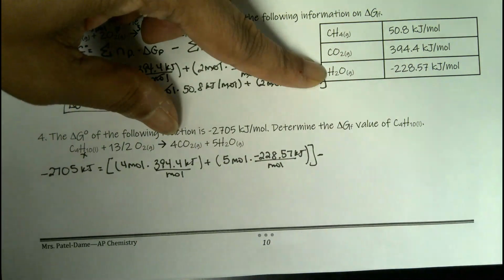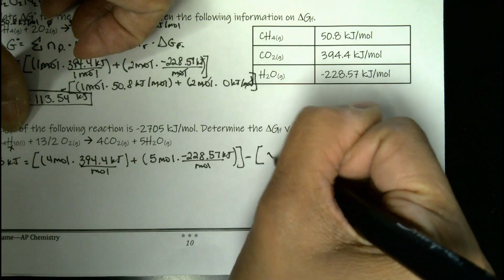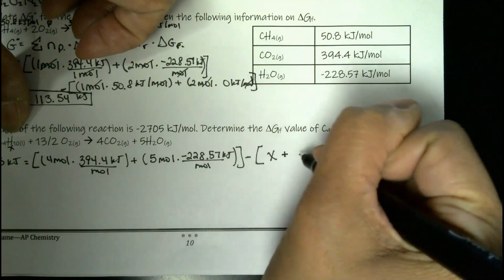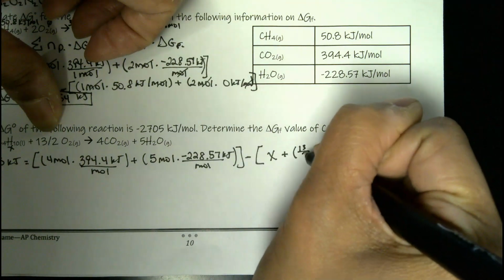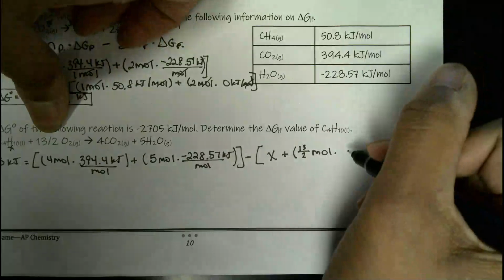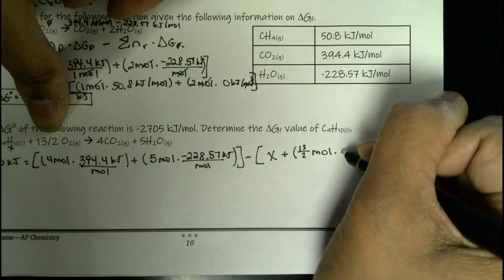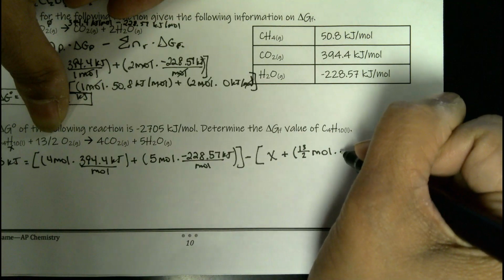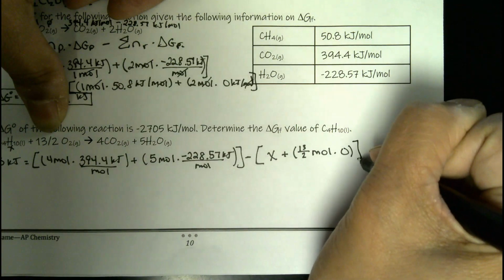Close out that bracket, minus, open up another bracket, the reactants. This is X, plus 13 over 2. And yes, you can have a 13 over 2 number of moles. I know, it's weird. They just didn't make this a whole number coefficient, so they had to keep it as 13 over 2. Oxygen, and that is each going to be 0.